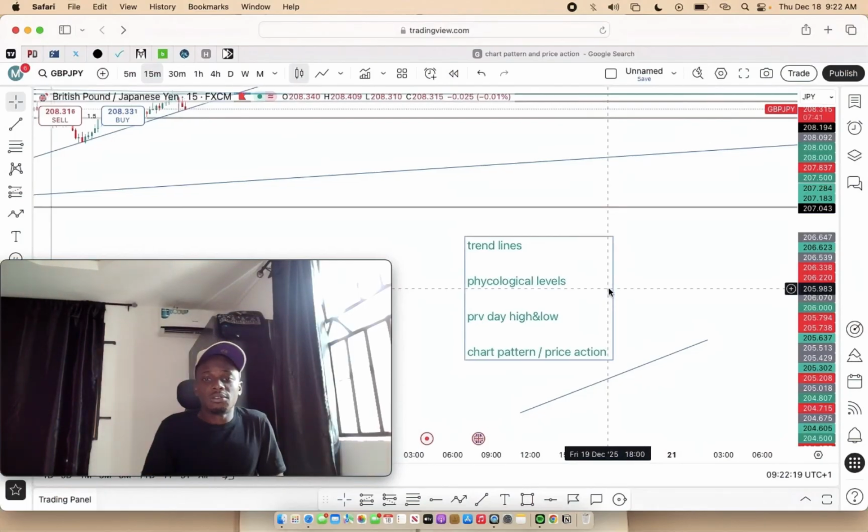Psychological levels are basically rounded numbers like 5, 10, 15, 20, 25, and this is just the normal human understanding of numbers.